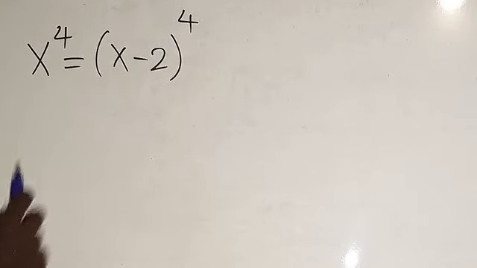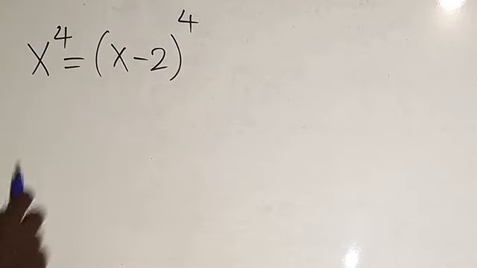Now the next thing we're going to do is you can see this resembles a squared minus b squared, which gives us (a minus b)(a plus b). This is the difference of two squares, right? So we're going to apply it here, where x squared is my a and x minus 2 here is b.